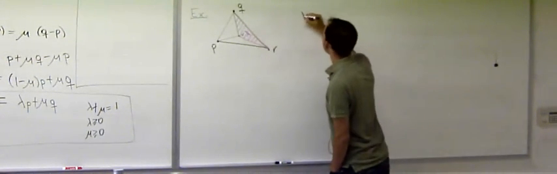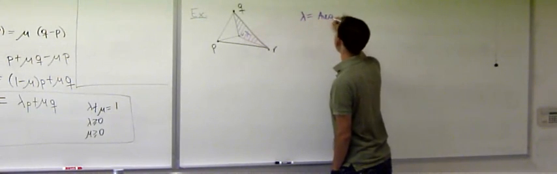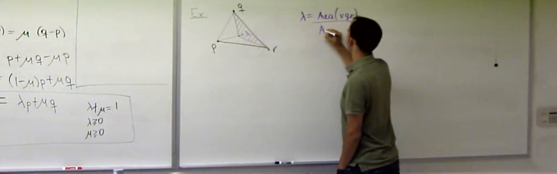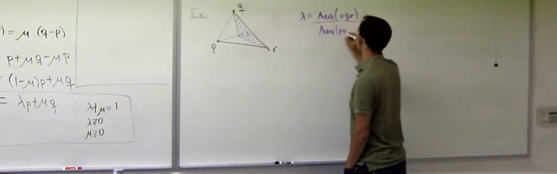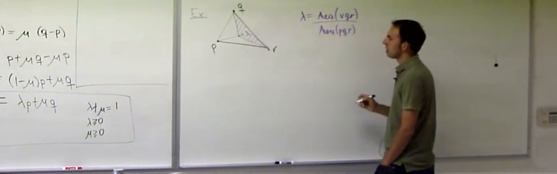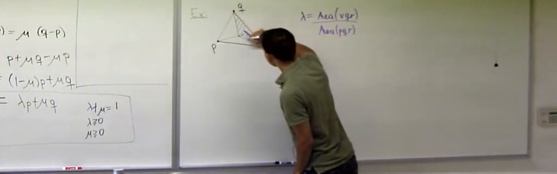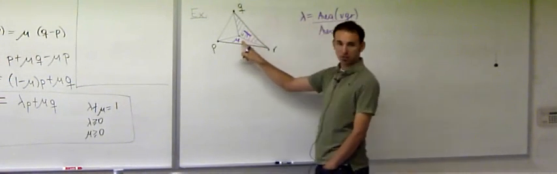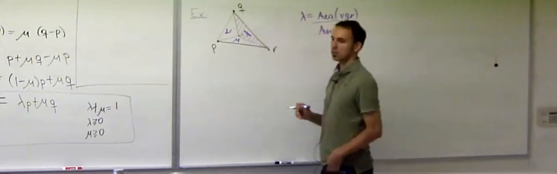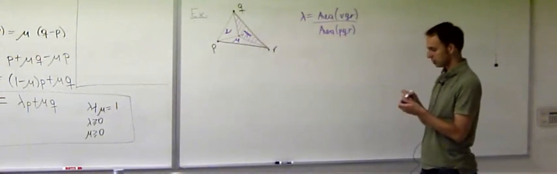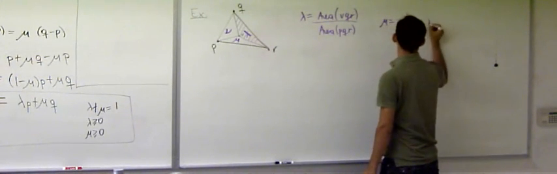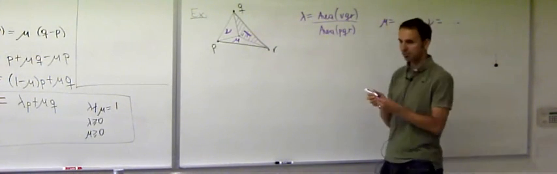So lambda is the area of VQR over the area of my big triangle. So this piece is lambda, and then similarly, this fraction of the area is mu, and this fraction of the area is nu. Okay, so I define mu similarly, and nu similarly.